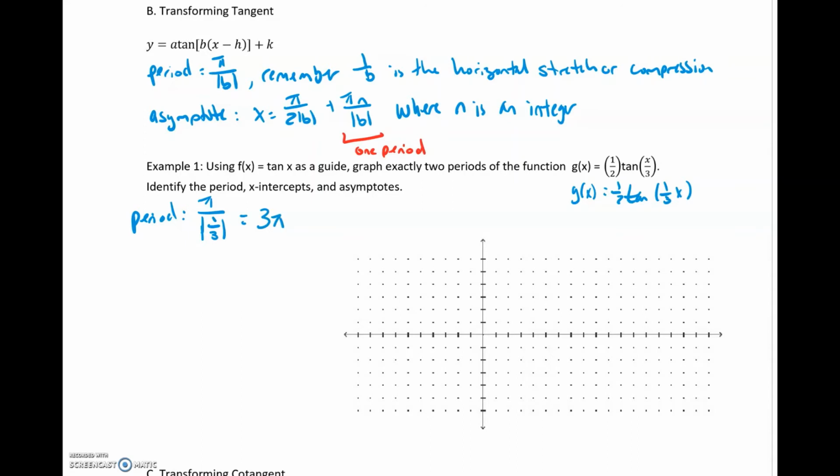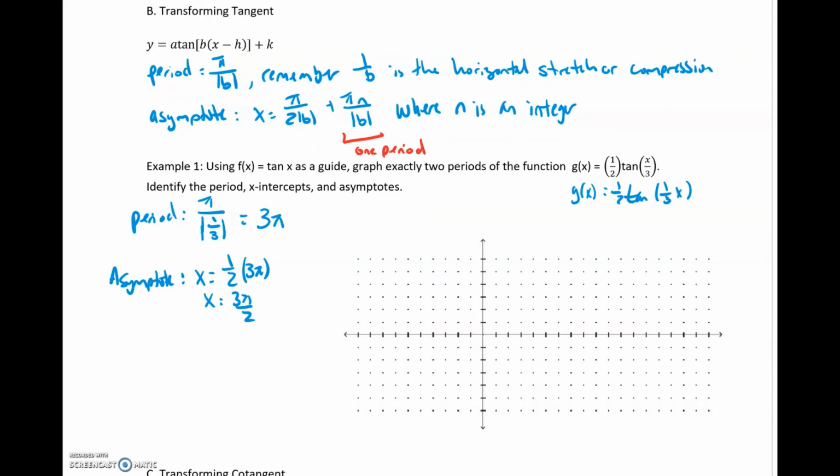So then to find my asymptote, you can use that formula from earlier, but what I was saying is you can simply find that first asymptote. X is going to be 1/2 of the entire period. So that means my first asymptote is 3 pi over 2.